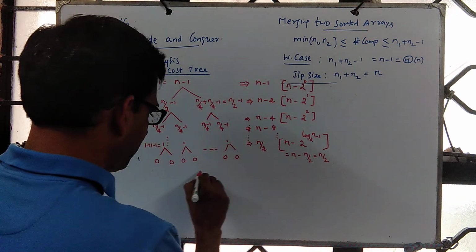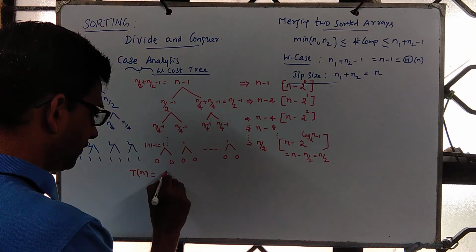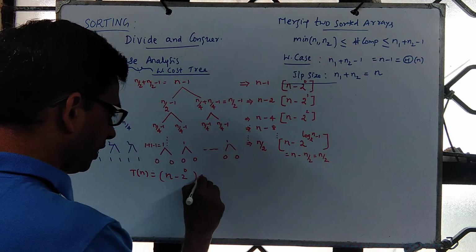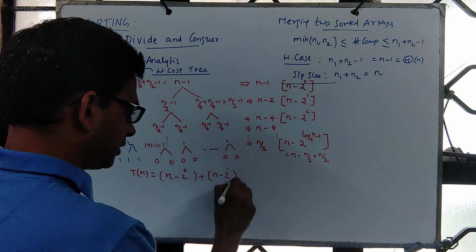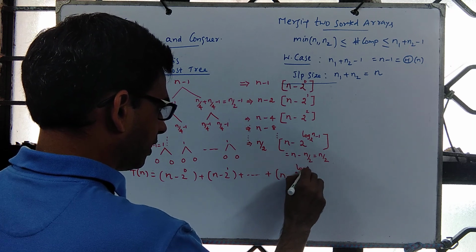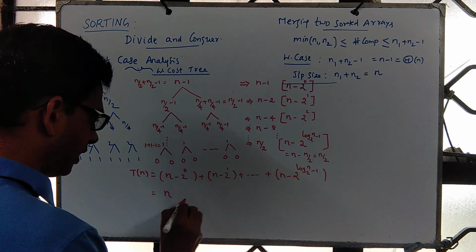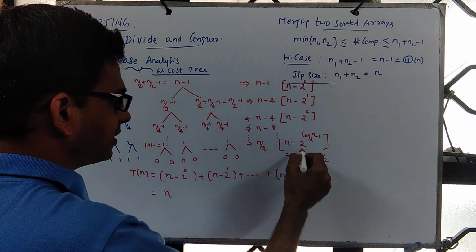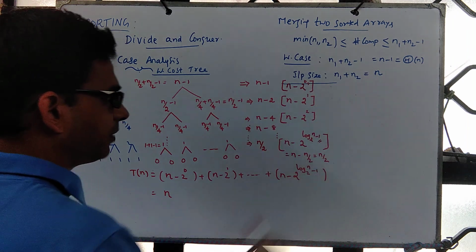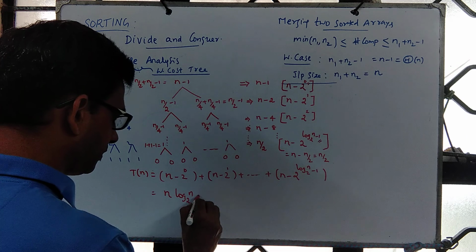Which means overall time complexity is T of n is equal to contribution from the first level is n minus 2 power 0. Contribution from the next level is n minus 2 power 1, so on up to n minus 2 power log n base 2 minus 1. We can take n out, and how many times is n appearing? n is appearing starting from 0 to log n base 2 minus 1, which means it is appearing log n base 2 times.